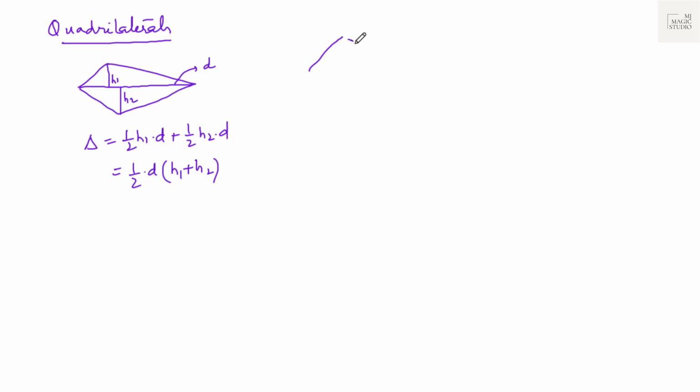Suppose we have any quadrilateral where all the four sides are known, a, b, c, d, and a pair of opposite angles are known, theta 1 and theta 2. Suppose this is given, then how to find the area of this particular quadrilateral? First find the semi-perimeter, that is a plus b plus c plus d by 2.